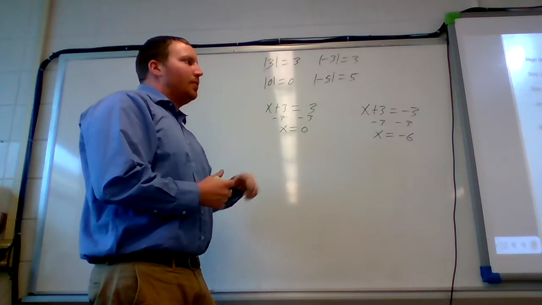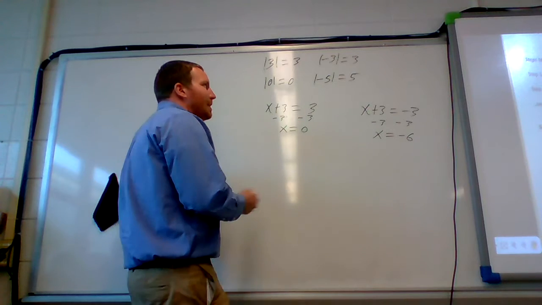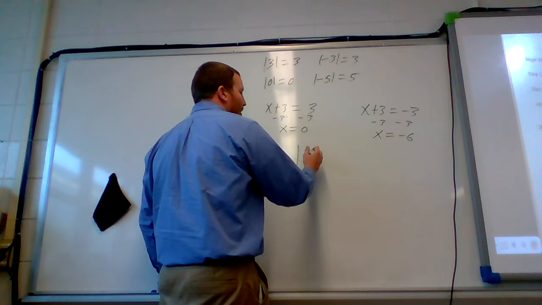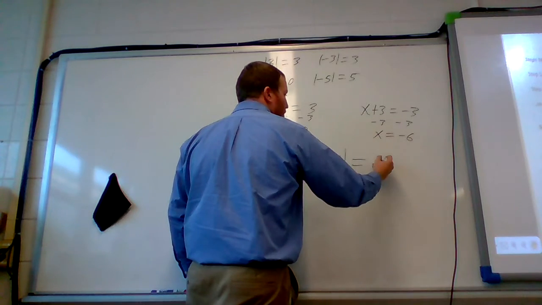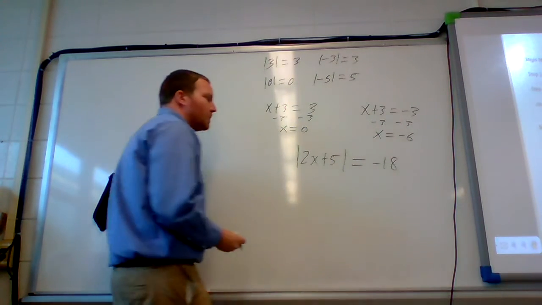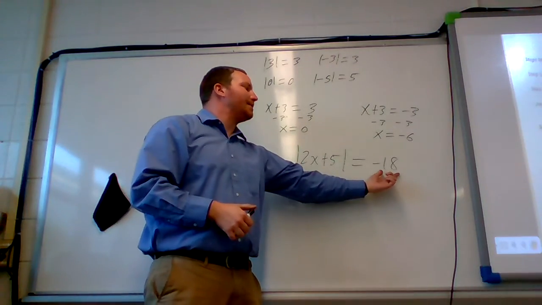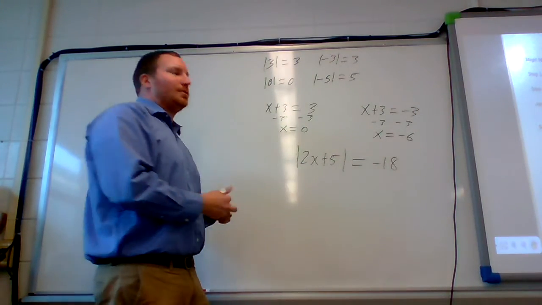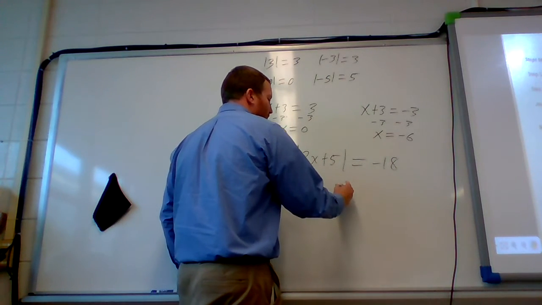Special note, again, absolute value is talking about distance. You can't be equal to a negative distance. So if you have a number like this, where we have the absolute value of 2x plus 5 equals negative 18, it's not possible, right? We cannot have a negative absolute value.